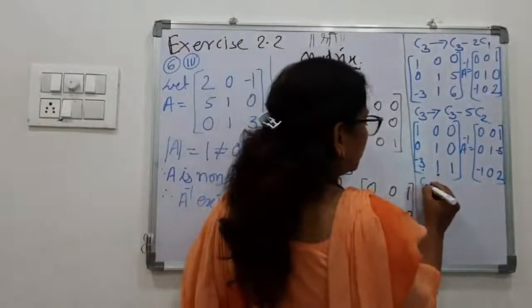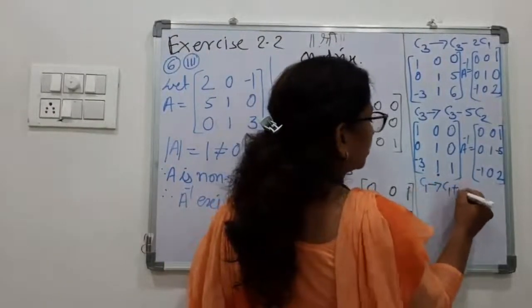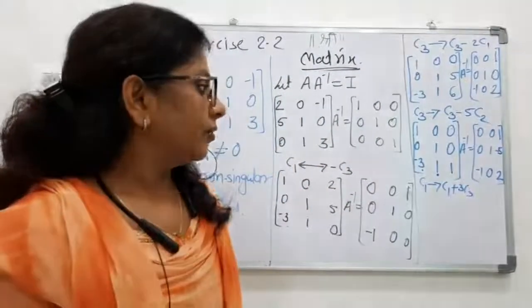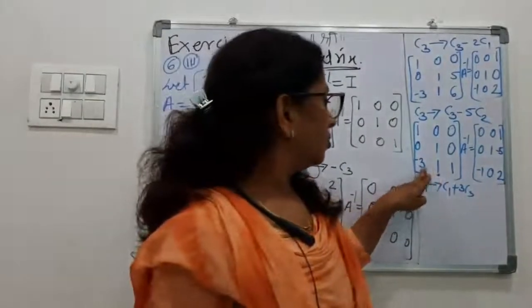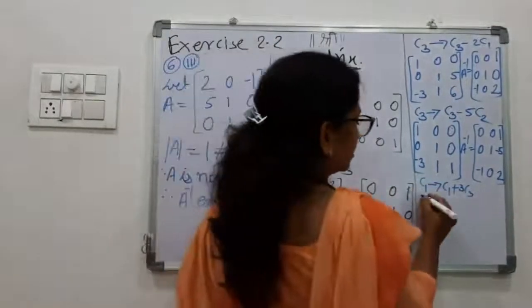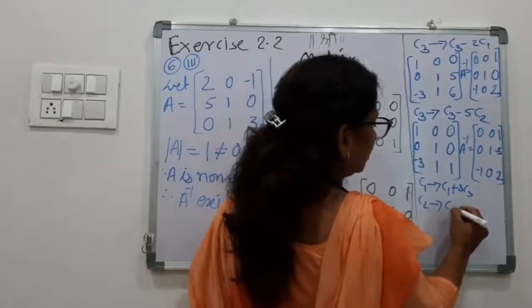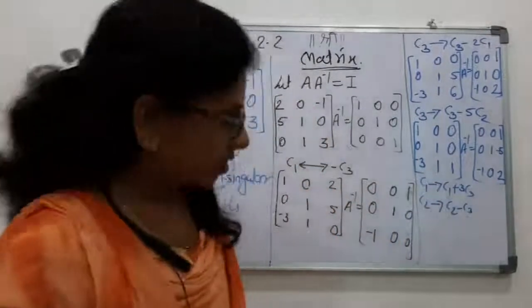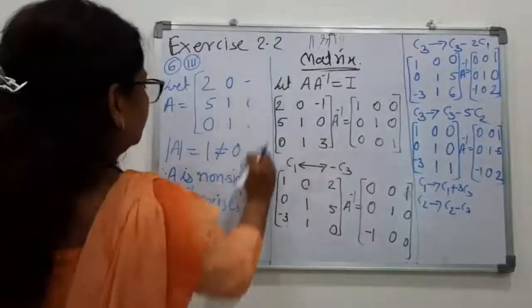So C1 will change to C1 plus 3C3, because we are dealing with third row, so we will use third column means C3, and C2 simply C2 minus C3. These two operations we have to apply.